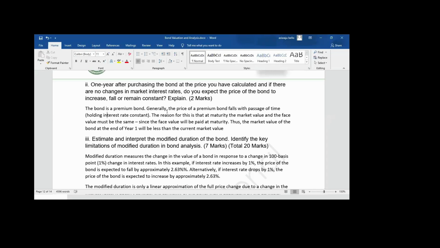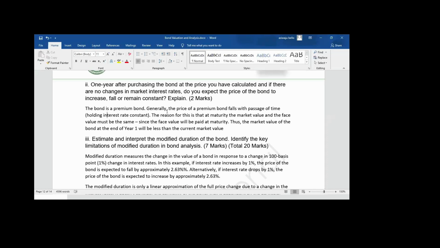Okay. How do we calculate modified duration? What is modified duration? First, let's deal with the calculation. And we have explained this. Modified duration is closely related to bond duration.